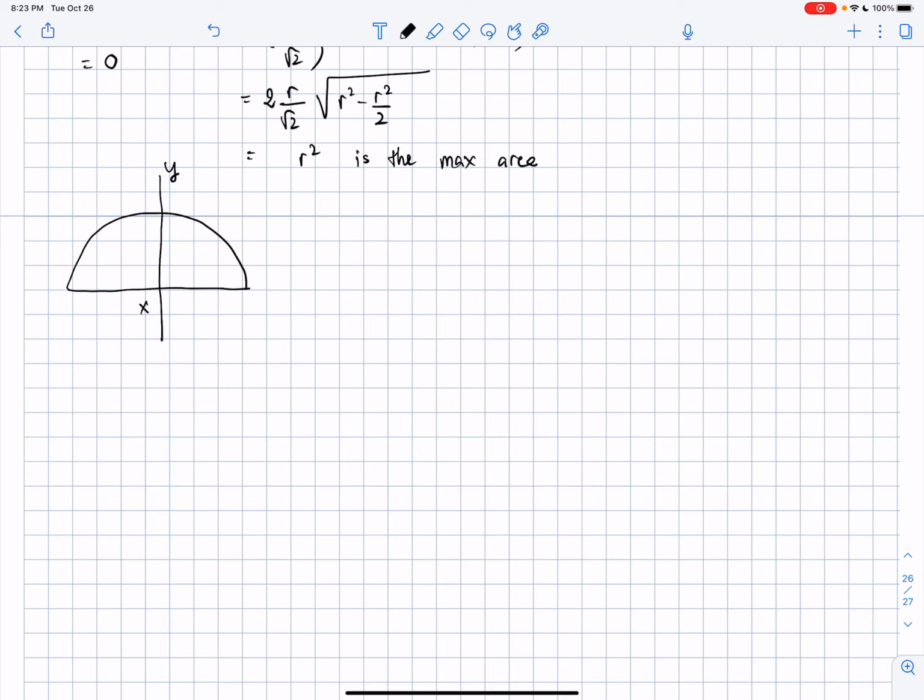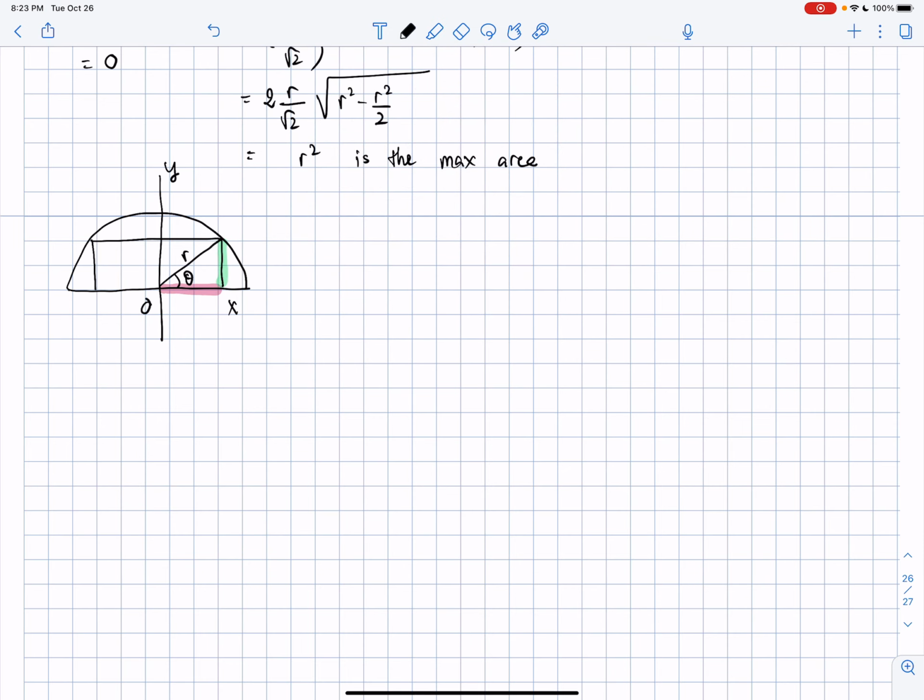Let's assume that this is the angle theta, and we have a rectangle like this. This is r, right? And the x is here, and the y is here.